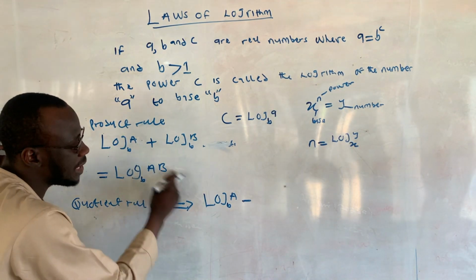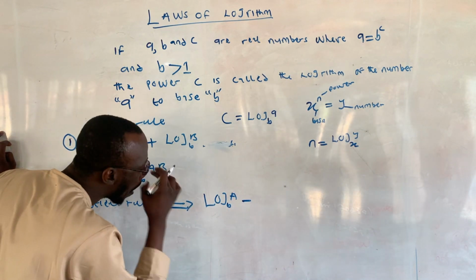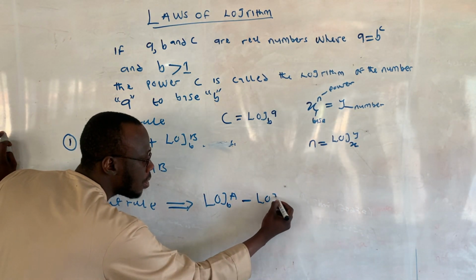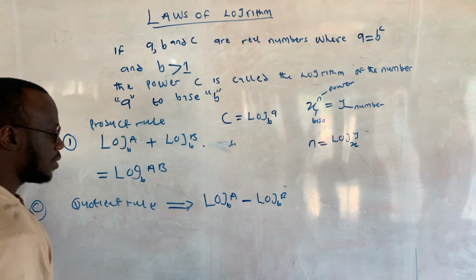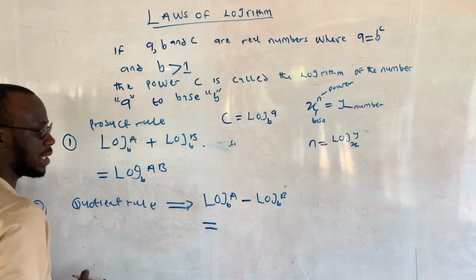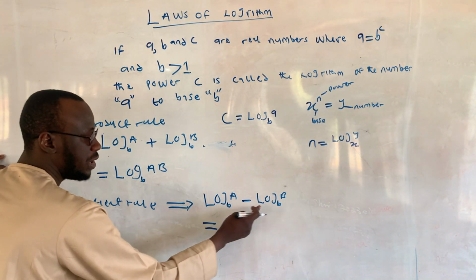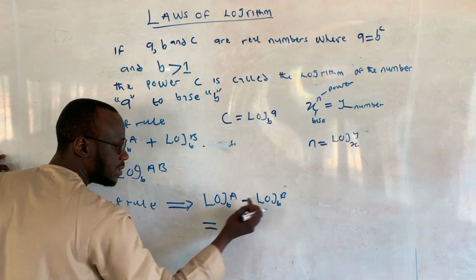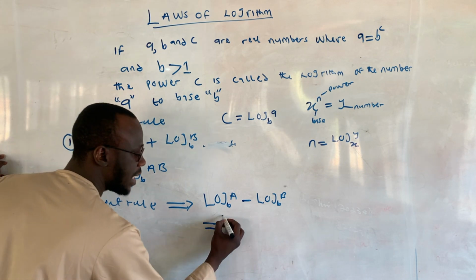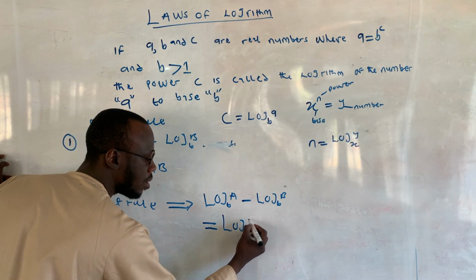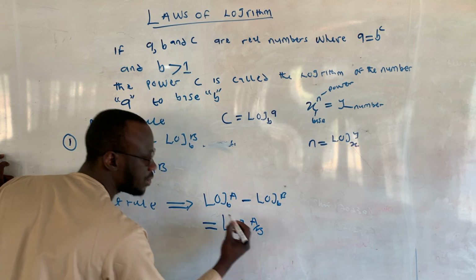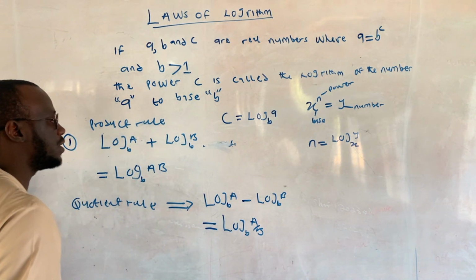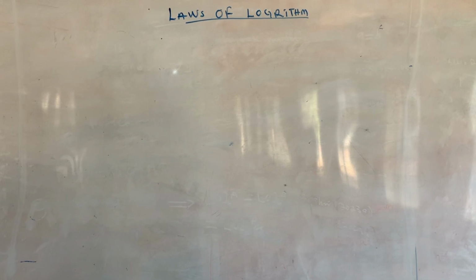Here is a plus sign, here is a negative sign. This is equal to, we divide the numbers, log of A over B base B.